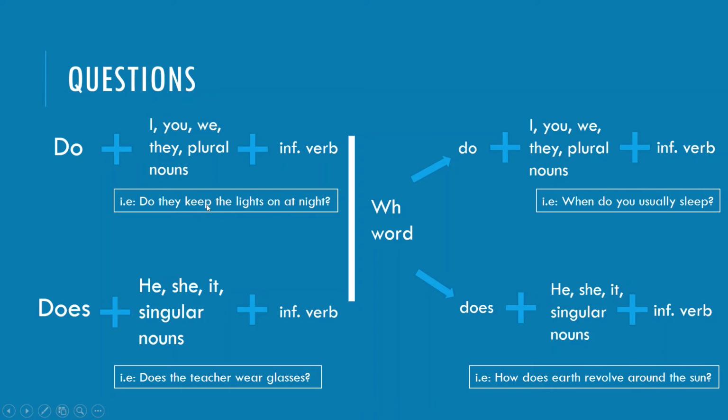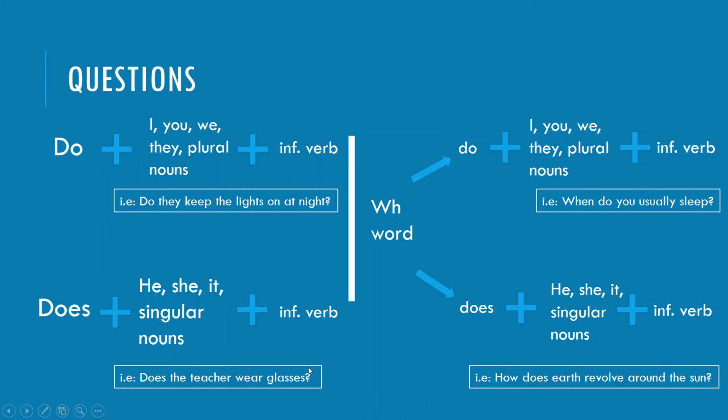Now, if the pronoun or the subject is singular, we use does with it, and then comes the subject and then the infinitive form of the verb. For example, does the teacher wear glasses?